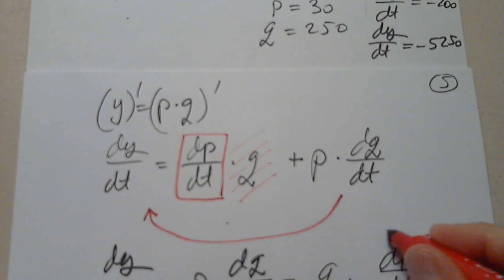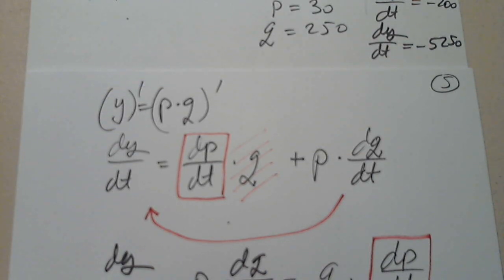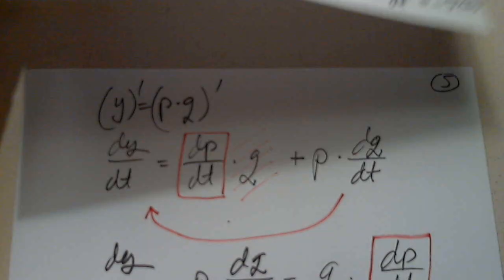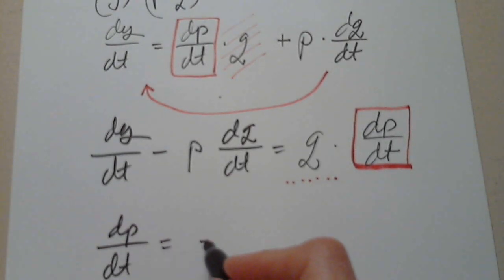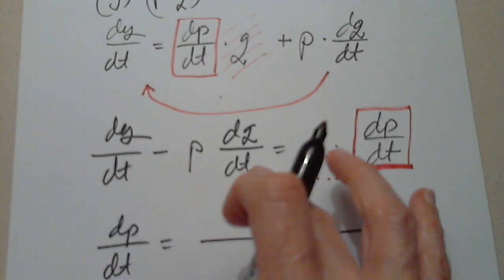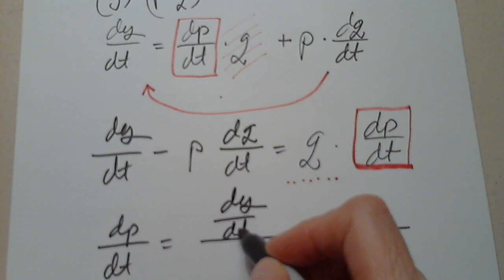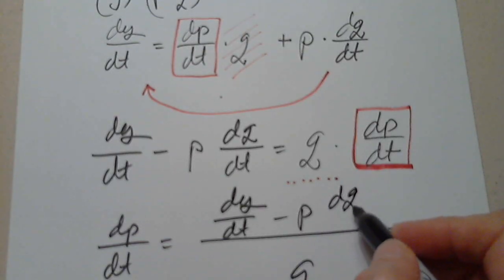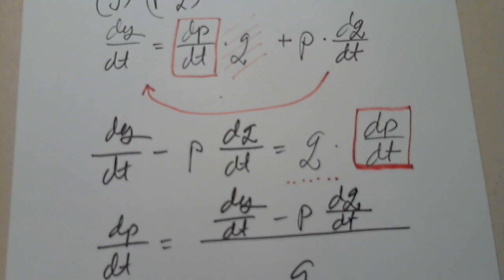This is what I'm after, which means I have to divide everything, both sides, by this. So then dp over dt equals this whole thing over q. dy over dt minus p dq over dt. And now I have everything.